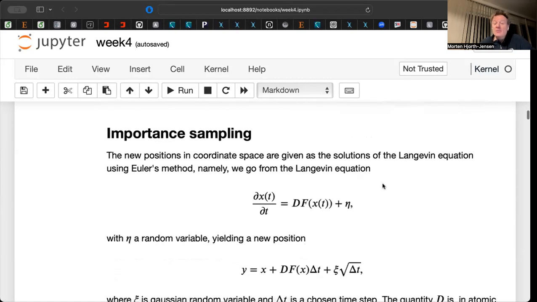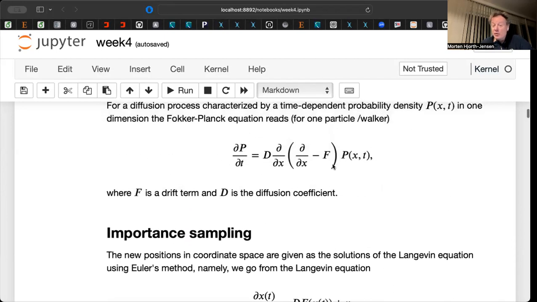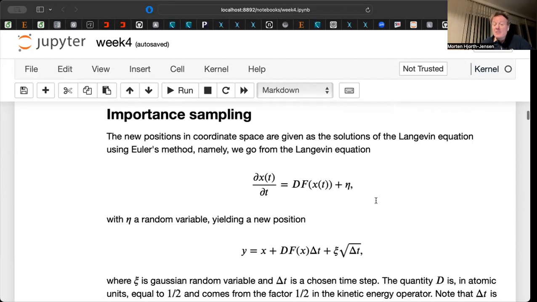So the positions in space, when we have this force, which you see here, can be modeled with the so-called Langevin equation, which is an equation from classical statistical mechanics.